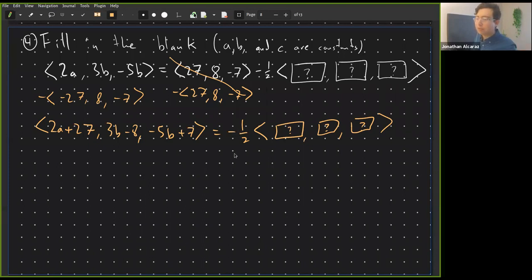So I multiply everything by negative 2. Over here, they cancel. And on this side, I multiply everything by negative 2, so that's negative 4a minus 54.